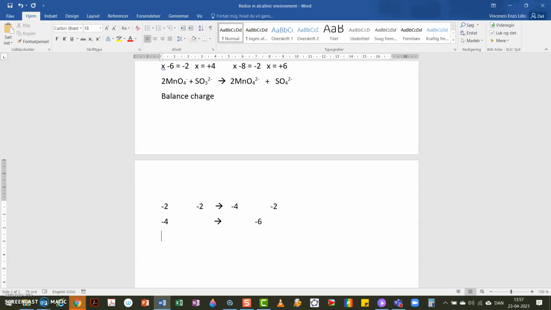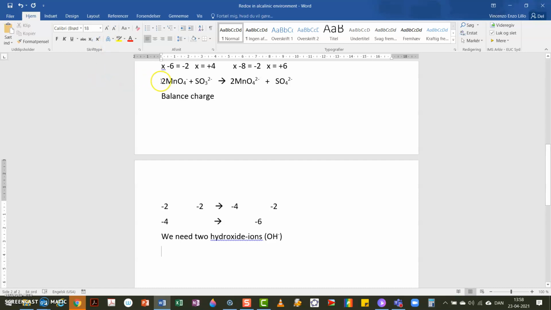That means that we need 2 hydroxide ions, OH minus, in order to balance the charge.